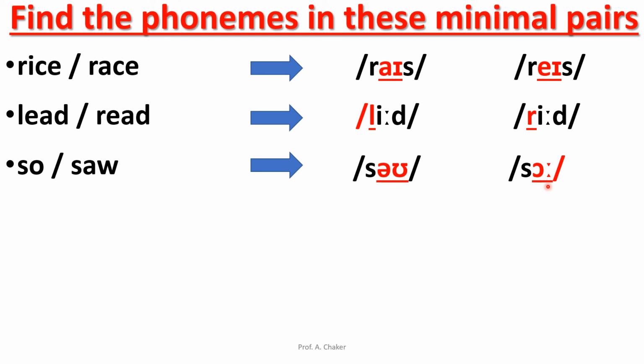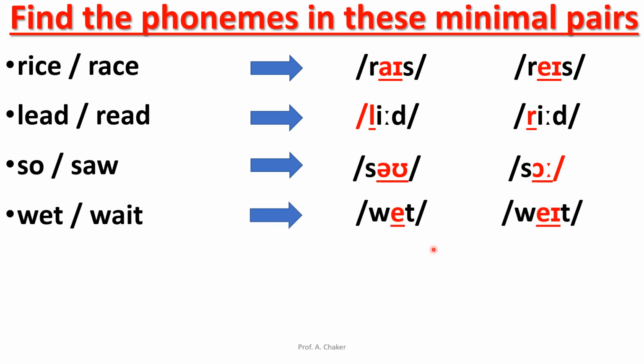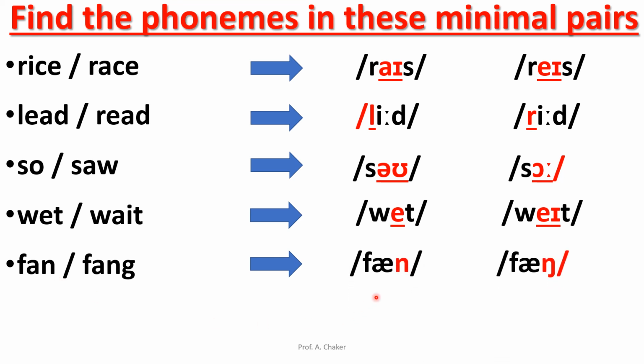So, wet, wait, E and A, they are phonemes. Fun, funk. You remember this one here? When you have a final G sound, okay? It's not pronounced, and we use this nasal sound, ng, that is represented by this symbol.